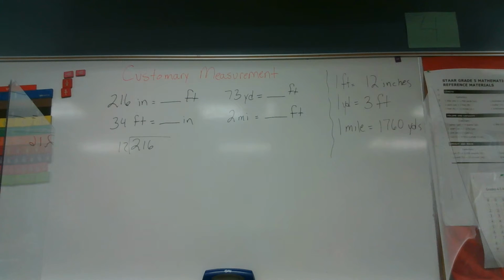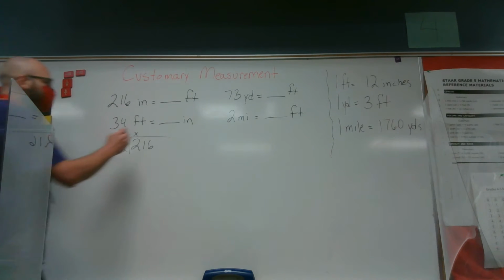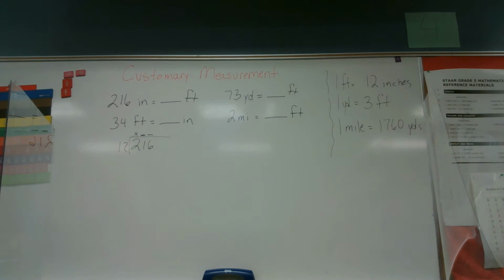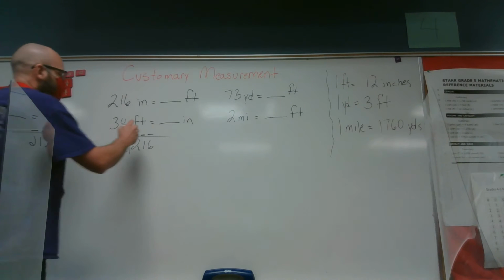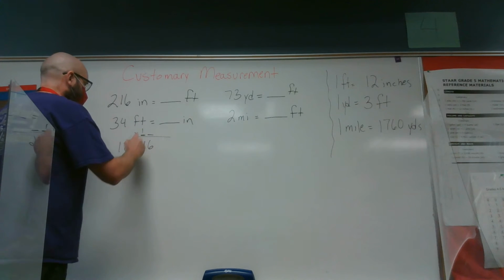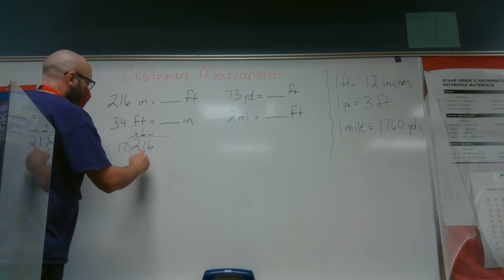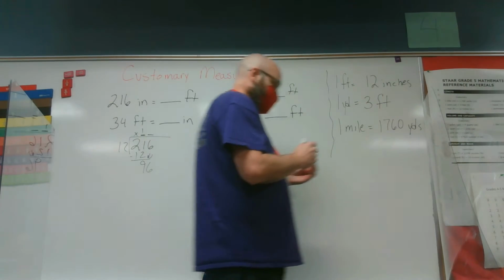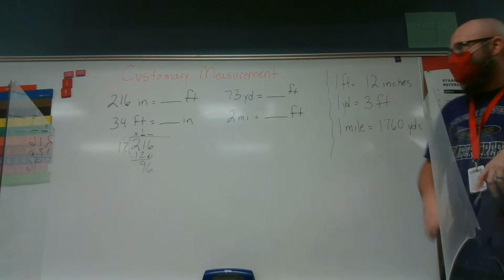Does 12 go into 2? No. Does 12 go into 21? No. That means I'm going to have a tens place and a ones place in my quotient. How many times does 12 go into 21? 1. 21 minus 12, that's 9, right?